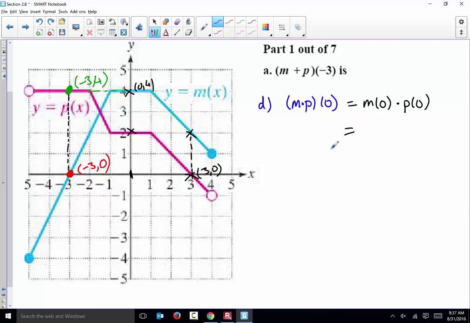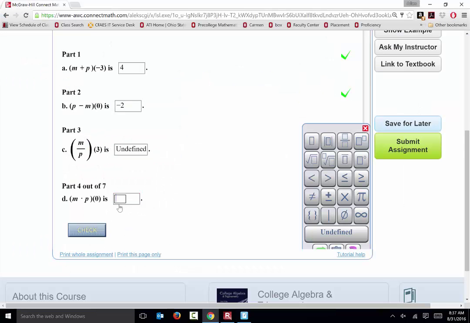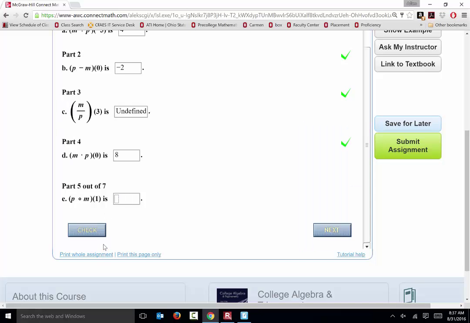Haven't we computed 0 values already before? It's right here, 2 and 4, right? Put it backwards though, 4 and 2, but it won't matter. The answer is 8. Okay, so far these are boring.